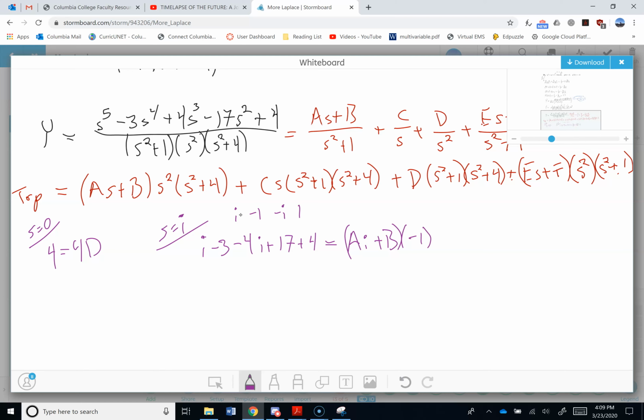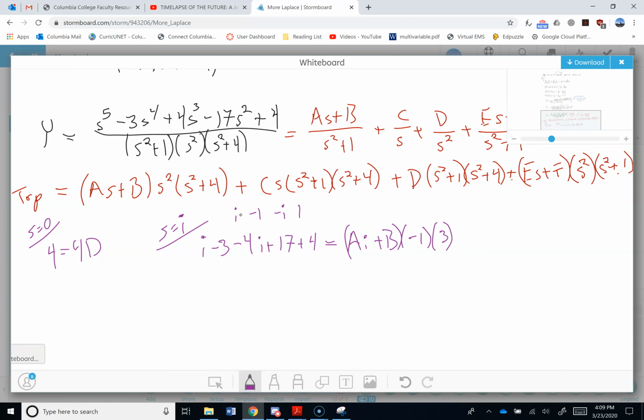So this one seems annoying, but it's the only one. I have A times i plus B times minus 1 times minus 1 plus 4 is 3. The one with C in it is 0, the one with D in it is 0, and the one with E and F is 0.